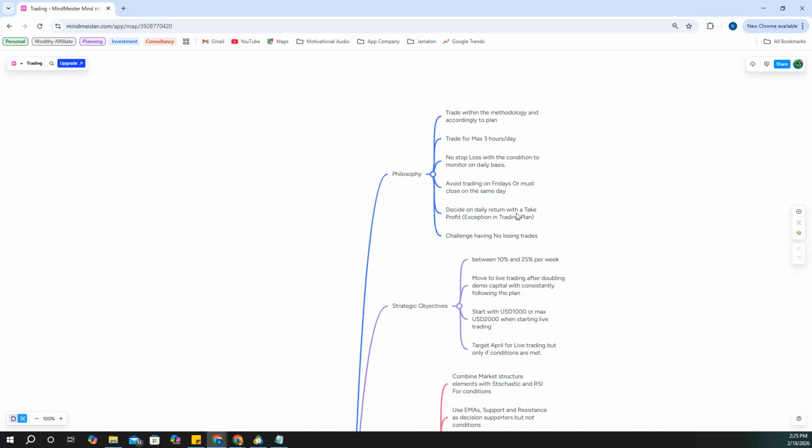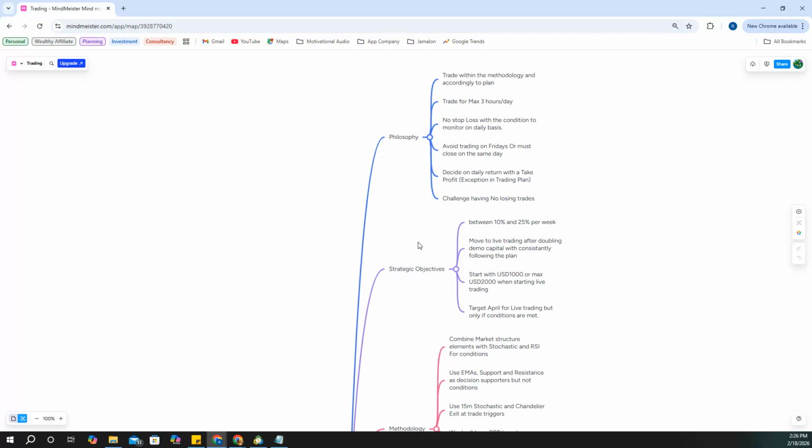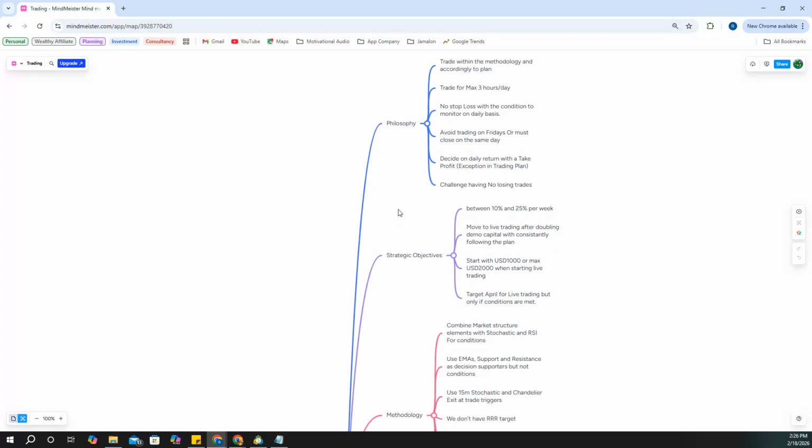Decide on a daily return, which is about 30 to 50 pips per day. Challenge: having no losing trades. And this is the other controversial thing. I'm trying to avoid having any losing trades, which goes against anything regarding trading, actually, but I want to test that.